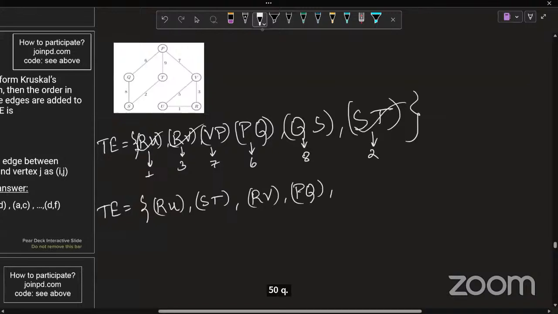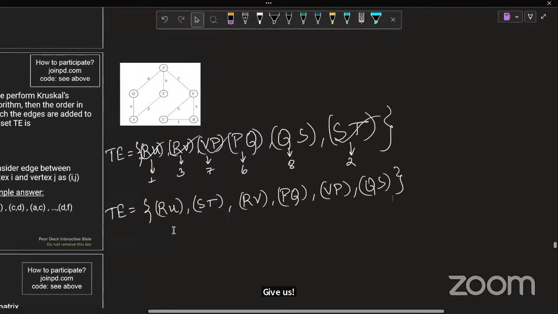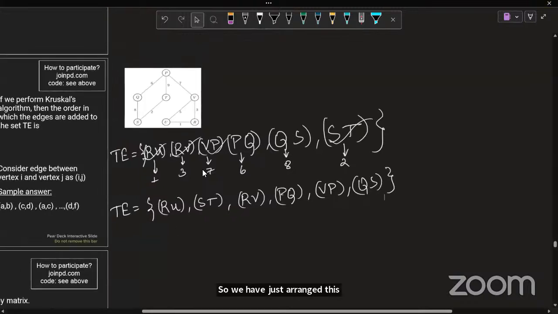Then VP. And what is next? The next one is QS, right? So we have just arranged these edges in ascending order of weight.